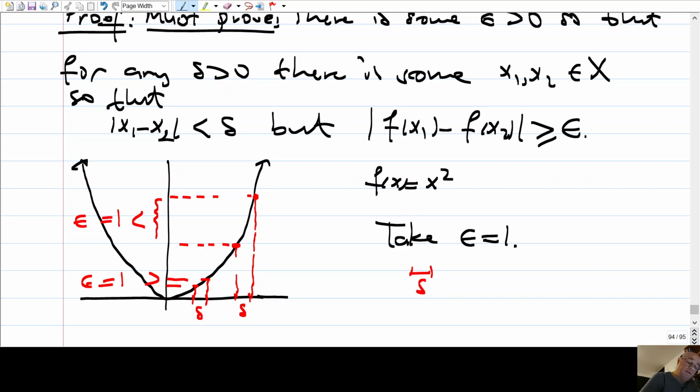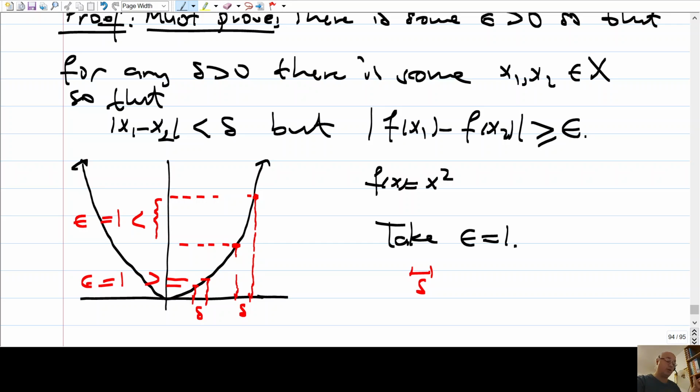It is good to keep this picture in mind. You give epsilon, no matter how small you choose your delta, if you move this interval to the right, the length of the image of the delta interval will get larger and larger, and at some point it will exceed your epsilon.